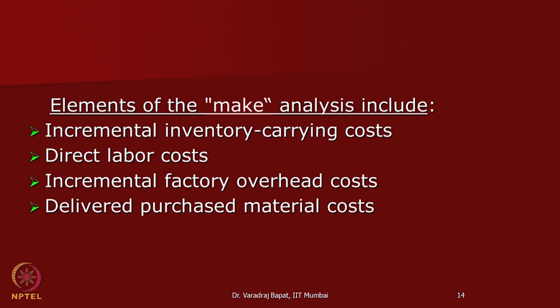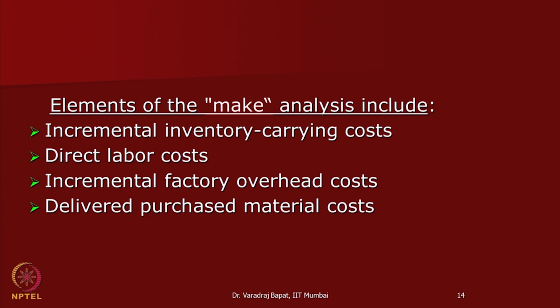Now, the elements of make analysis include some other factors which you should consider, like incremental inventory carrying costs, that is, by making it ourselves, do you have to keep more inventory, or whether when you get it from outside you have to keep more inventory. If the supplies are not regular from outside, you may have to buy it in bulk quantities.